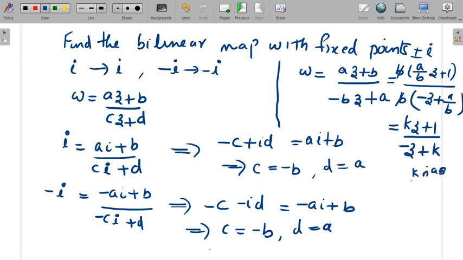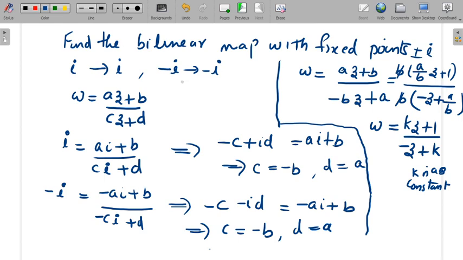We have no restriction on k. For k any constant, what is k? k is a by b. So whatever be the value of k, this map w equal to (kz + 1)/(minus z + k) will have plus or minus i as its fixed point. So, given the image of 3 points, you can find all the constants a, b, c, d uniquely.